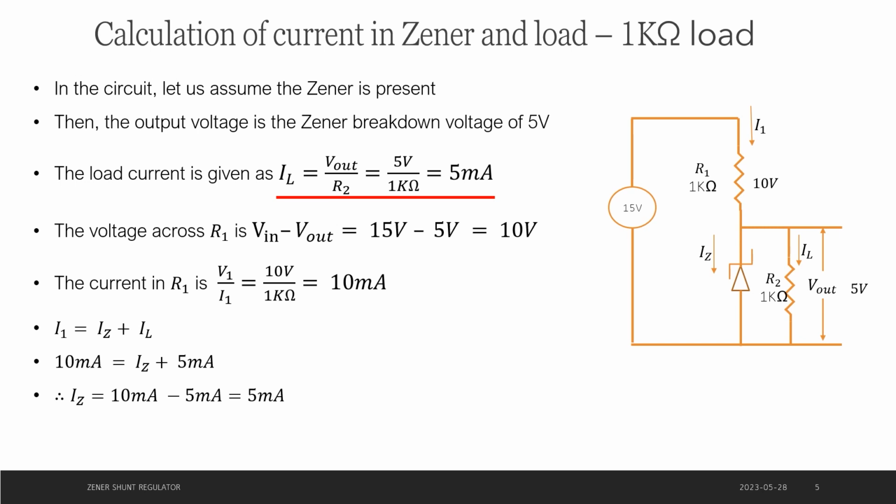Now the voltage across R1 will be V in minus V out, that is 15 minus 5 volt, which gives us 10 volt. Then the current flowing through R1 will be V1 by R1, that is equal to 10 milliamps. Since the current I1 is split into IZ and IL, we can calculate IZ as 10 milliamps minus 5 milliamps, that gives us 5 milliamps.